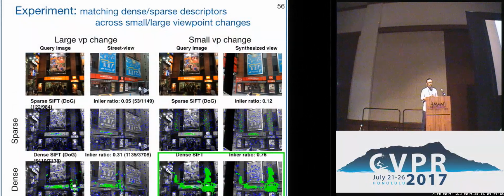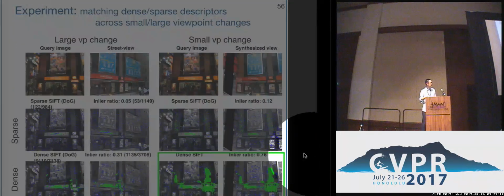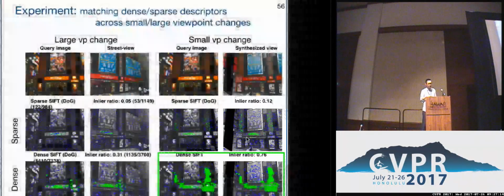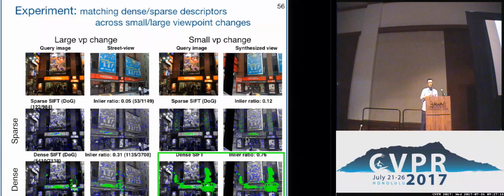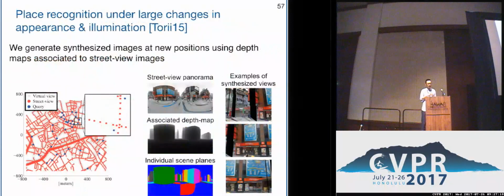So if we combine them, synthesizing the viewpoint and using the dense features, the problem will be much easier. From these observations, we decided to explicitly generate synthesized views and add them to the database images.